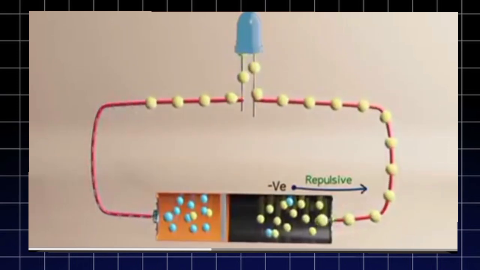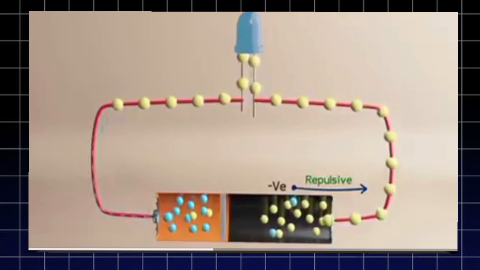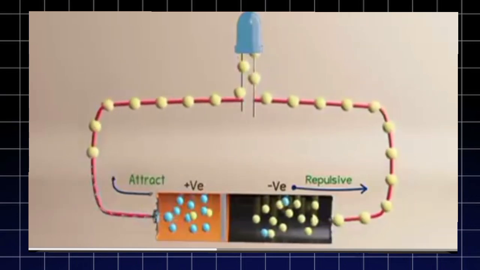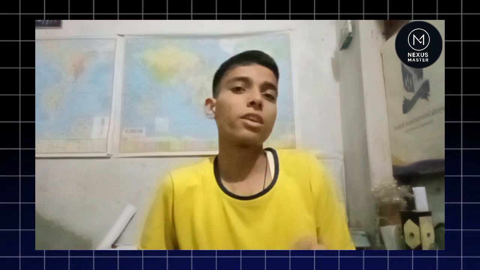So electrons are moving from where to where? Negative to positive. Understood? Electrons are moving from negative to positive. Understood? The current moves opposite to the electron flow. If electrons are moving from negative to positive, the current will move from positive to negative.